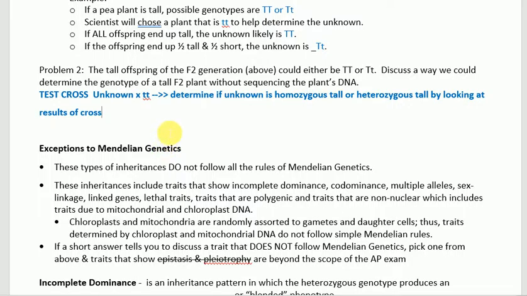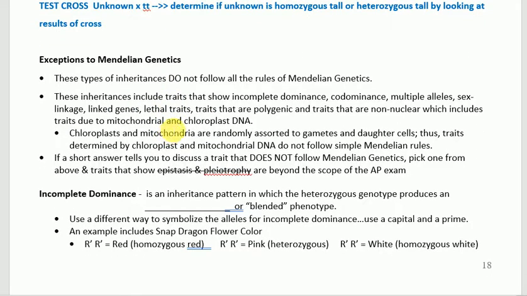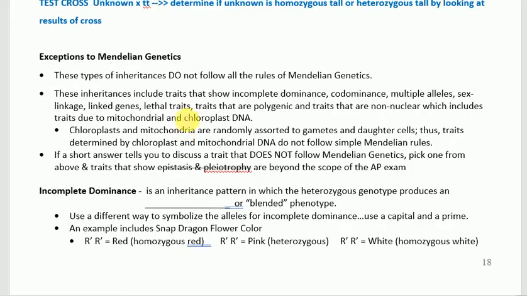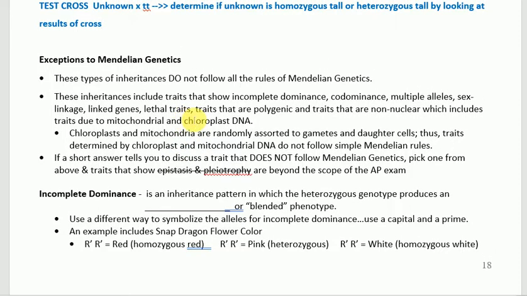So let's talk about some exceptions to the Mendelian genetics. So these types of inheritances do not follow the rules.